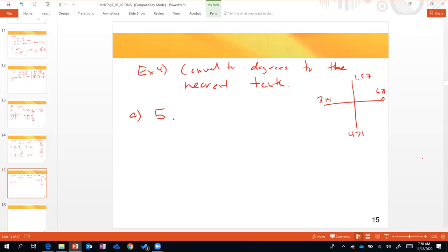Okay, 5. Let's convert this guy. I like calculators here, so we are going to go by calculator. 180 degrees divided by the pi button. You probably want to use the pi button on your calculator as opposed to 3.14. Though most of the time they'll be the same answers, sometimes not.